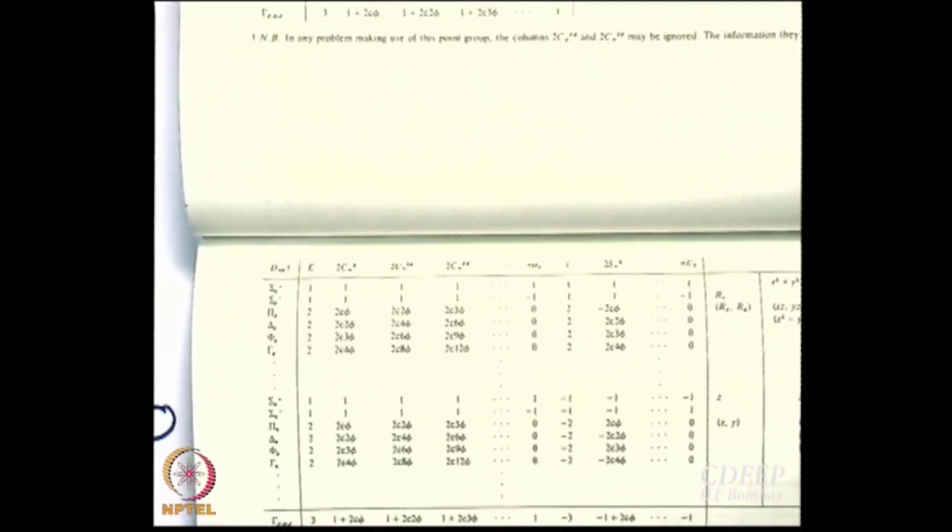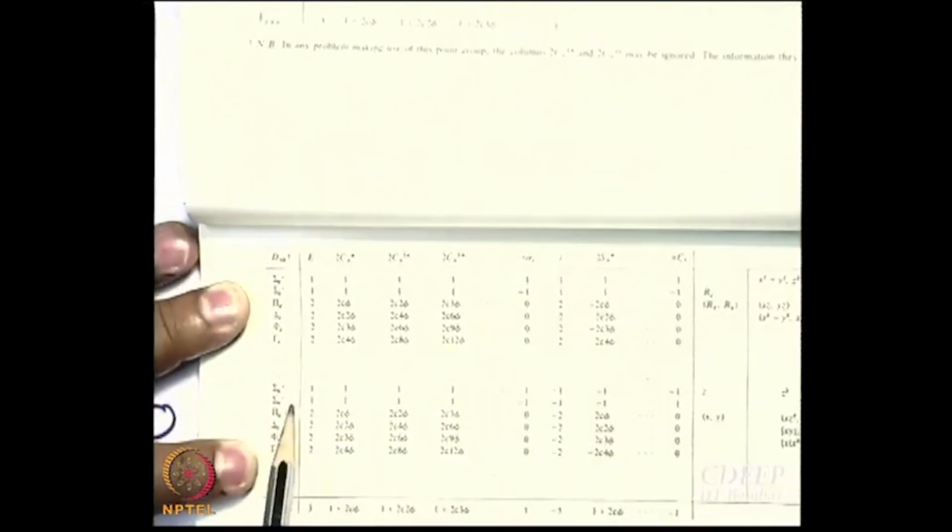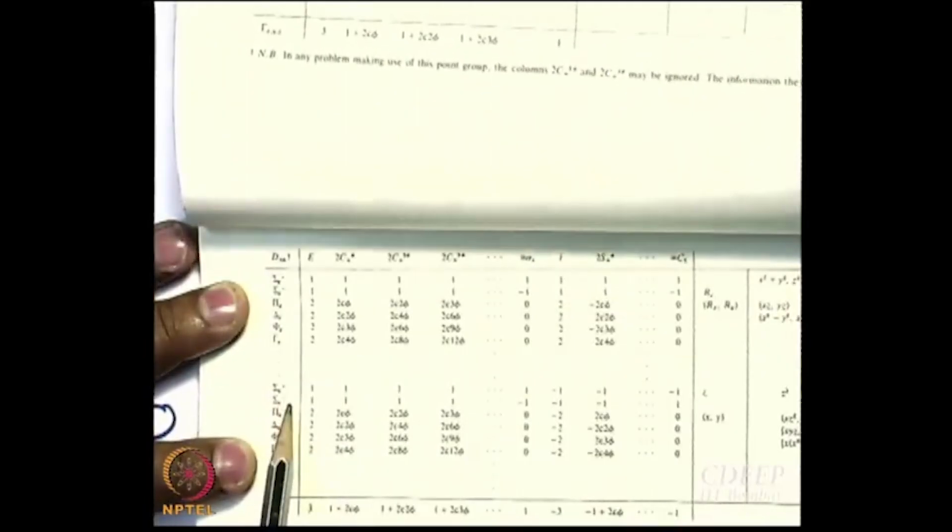What are the symmetry operations that we need to consider? C infinity is hopeless anyway. There is no point in talking about C infinity. But we can talk about i. i tells us that it is u, but that we have already worked out. What else? So, what is the difference between the two u's? What are the u's that we see? Sigma u plus and sigma u minus, right?